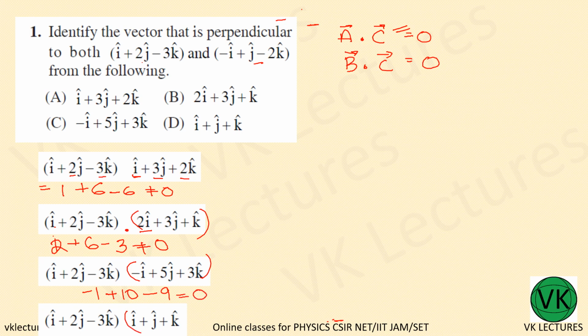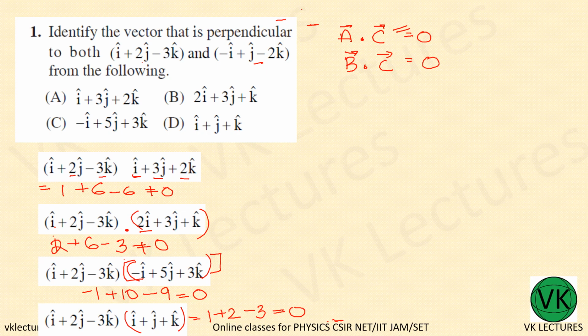Now you have the fourth option: i times i, that is 1, 2j times j, that is plus 2, minus 3 times 1, that is minus 3. So here it is also 0. So your required answer should be either this vector, that is -i + 5j + 3k, or i + j + k.